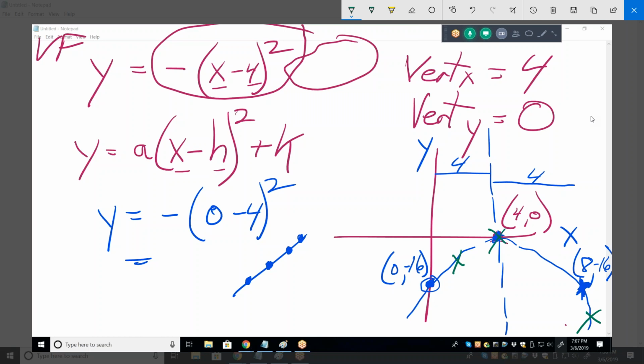Those 3 green points also define a parabola, a unique parabola, the same one that we're on. It's just they're harder to calculate. In other words, when you're given it in the vertex format, first of all, vertex is very easy to calculate. You instantly know whether it's going up or down. And calculating the y-intercept is pretty easy because all you do is substitute 0 for x.